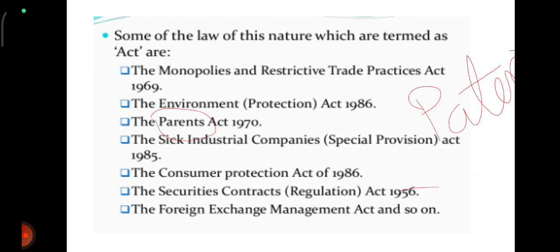Now we will study the Patents Act 1970. Here's a printing mistake of patents. It's not parents, it's patents. The Sick Industrial Companies Special Provisions Act 1985. The Consumer Protection Act 1986. The Securities Contracts Regulation Act 1956. After that comes the Foreign Exchange Management Act and so on.